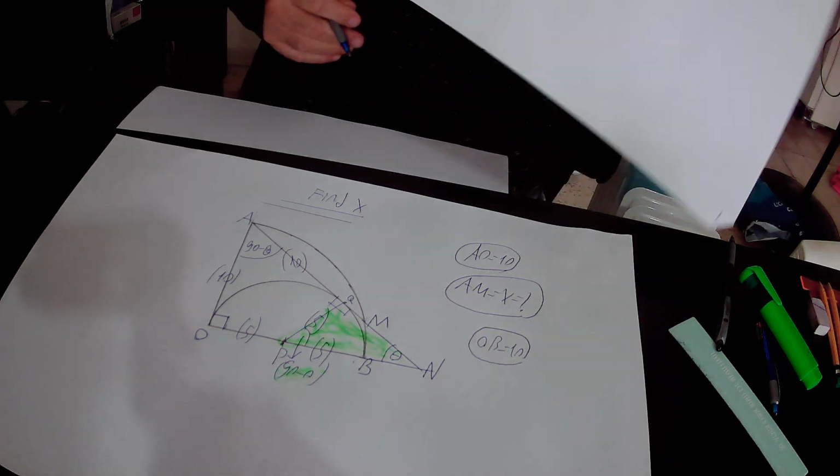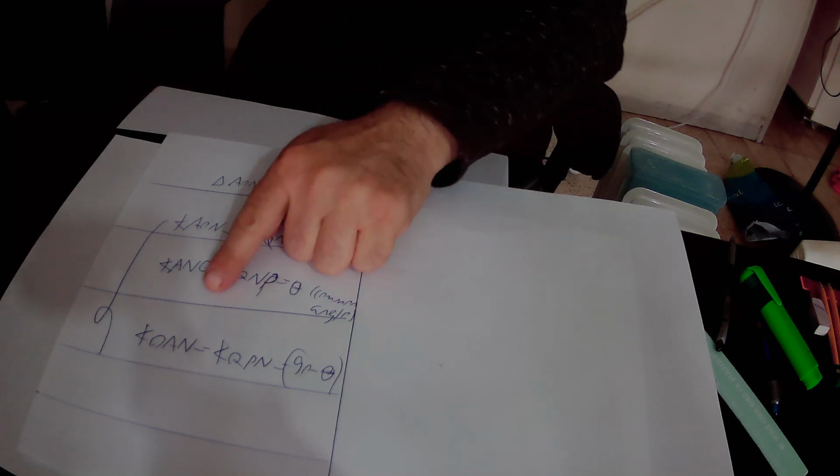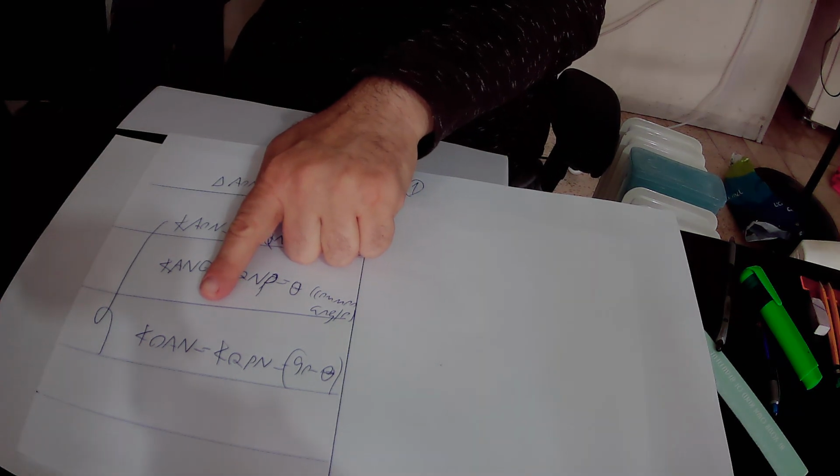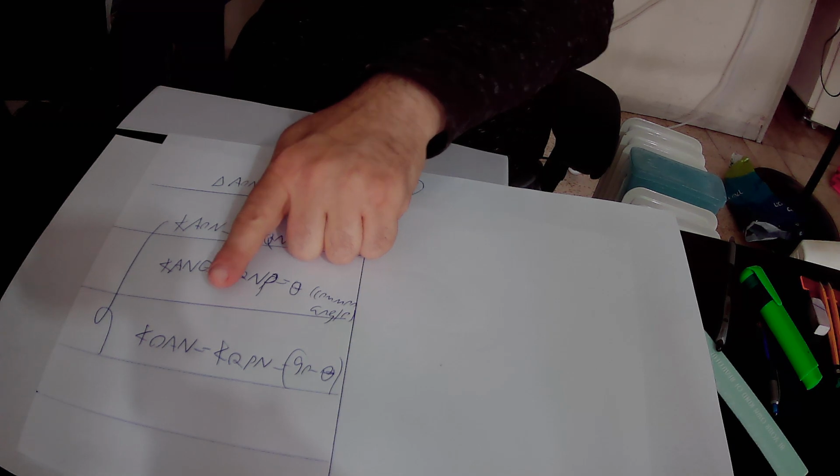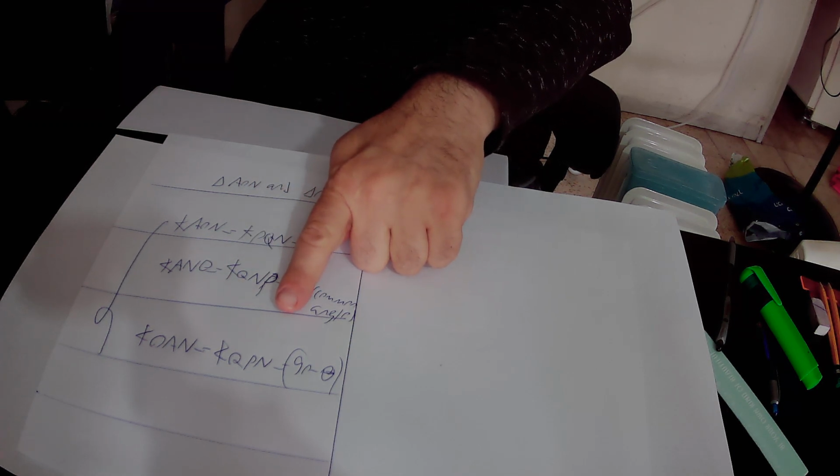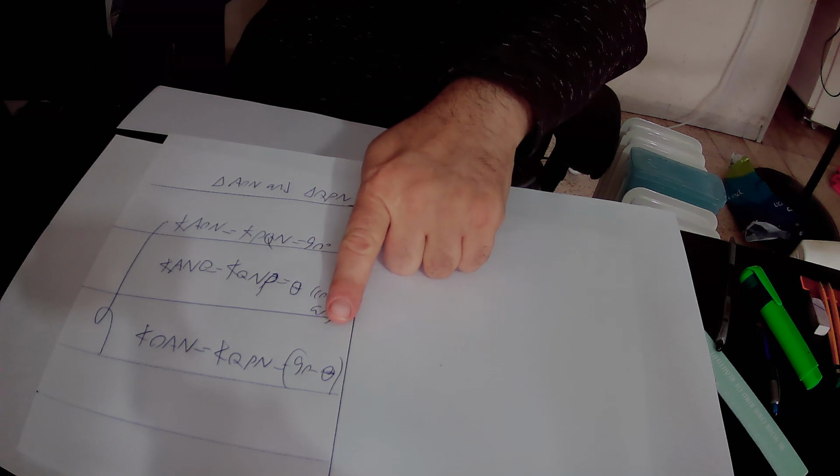Angle OAN in the big right triangle OAN equals angle QPN in the green triangle. They are both equal to 90 degrees minus theta, therefore they are equal to each other.